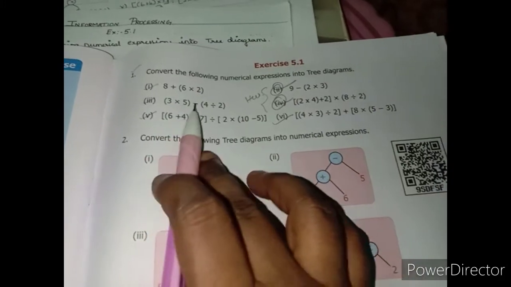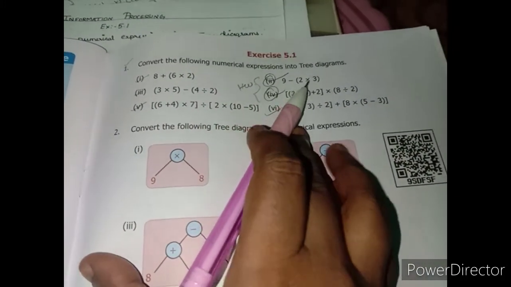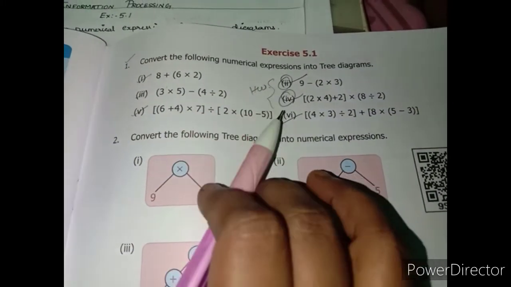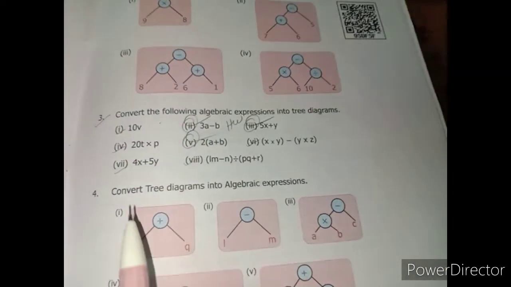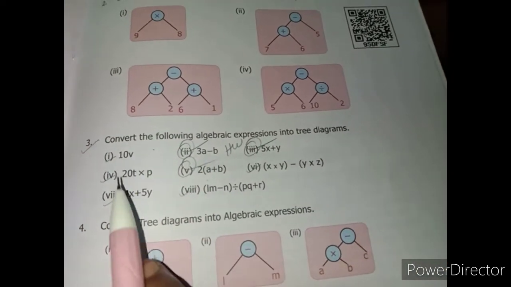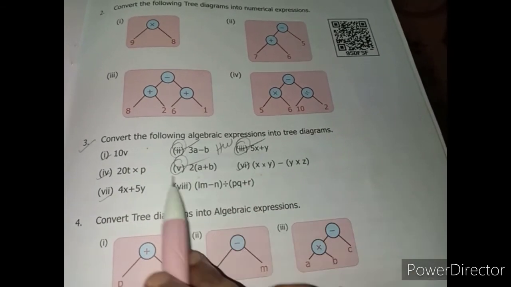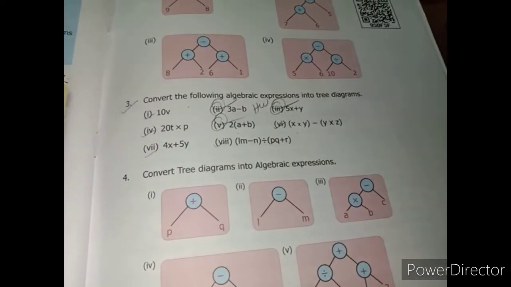The numerical expressions are given, and we are going to convert these into tree diagrams. 1, 3, 5 and 6 I am going to do. Second and fourth are homework for you. In the third question also, 1, 4, 7, 8 and 6 I am going to do. All the other three sums are homework. We'll proceed with the questions.